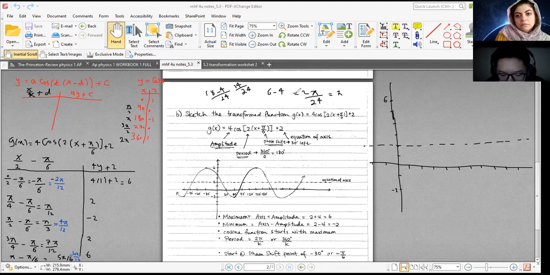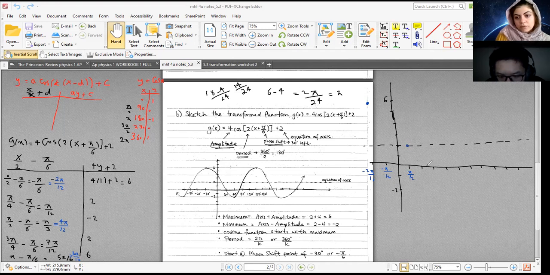Now, I'm going to graph that. For -2 pi over 12, it is 6 at maximum. Everything is pi over 12. See, this is pi over 12, this is -pi over 12. So this becomes -2 pi over 12. At this point, you are at maximum. Pi over 12 is here. At pi over 12, we are at 2.